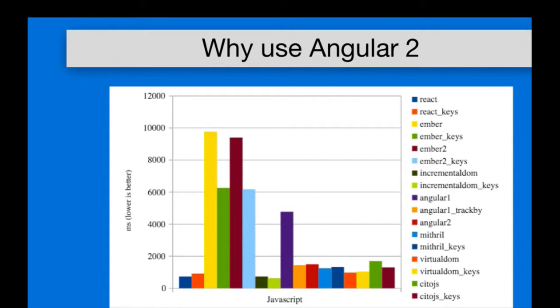But Angular 2, I don't believe it uses track by, and it's much faster than Angular 1. I think another reason to use Angular 2 is TypeScript. I really like it. It's nice to be able to debug more before you get into runtime errors, compared to JavaScript.